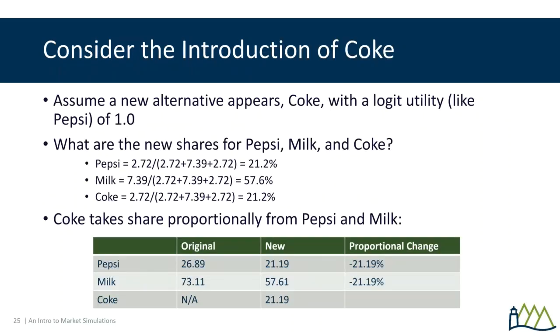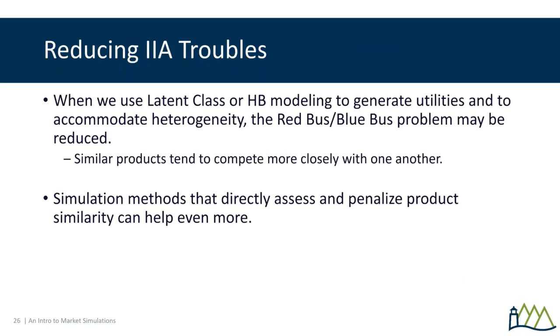In all reality, we think that Coke should have taken share from Pepsi and really not from milk. So in order to reduce this IIA red bus, blue bus problem, we use latent class or hierarchical Bayes utilities so that we have things at the individual level, and that captures as much heterogeneity as possible versus something like an aggregate logistic or Logit run, which would only give us the average utility.